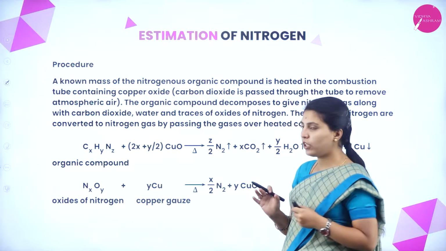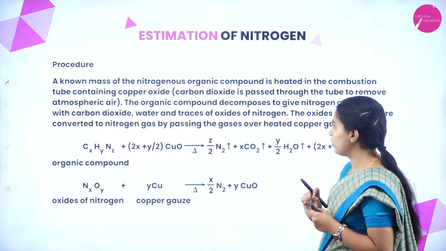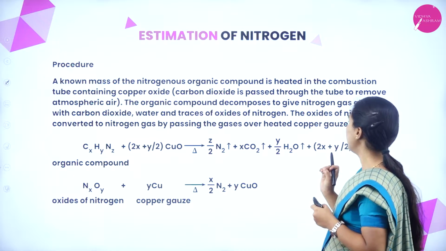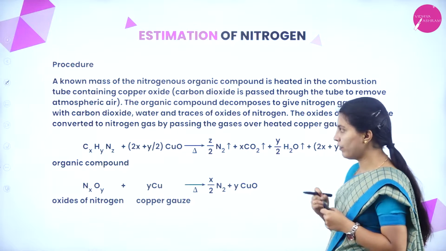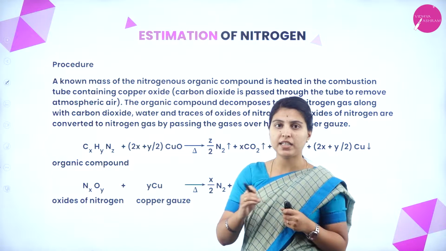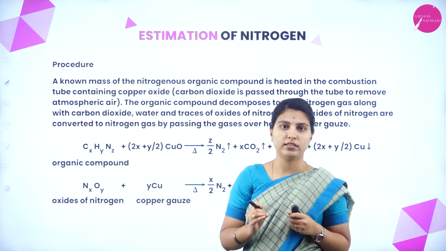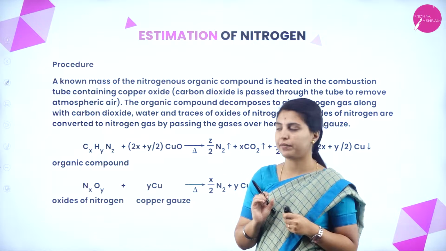The organic compound decomposes into nitrogen with carbon dioxide, water and traces of oxides of nitrogen. The oxides of nitrogen will be converted into nitrogen when passed over copper gauze. Then the remaining nitrogen gas will be estimated in the nitrometer.